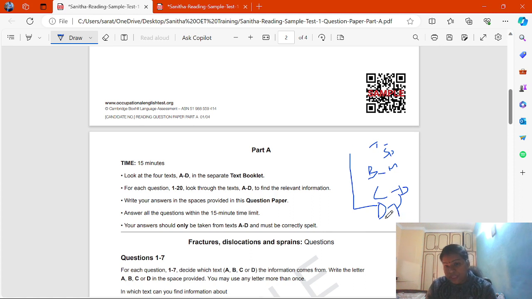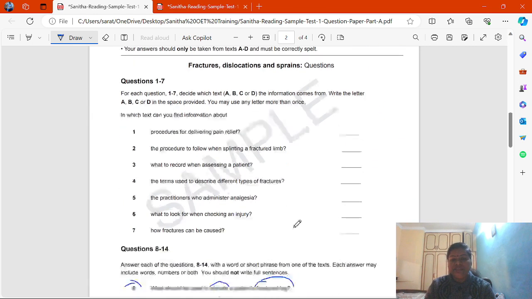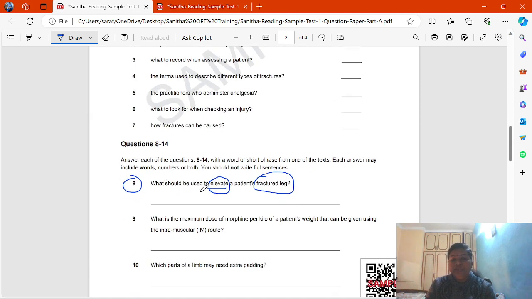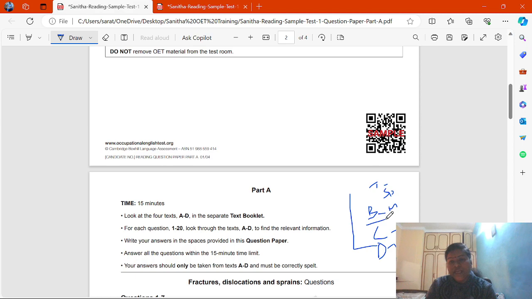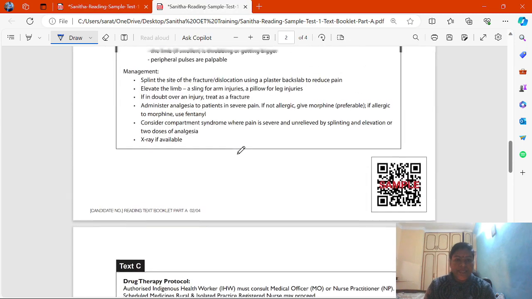When doing this, we can definitely find out the location. What should be used to elevate the patient's fractured leg? It will be in the management. So we have to go to text B.